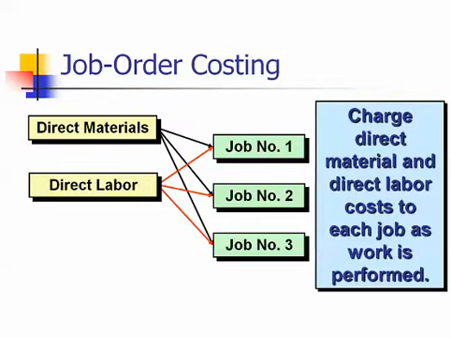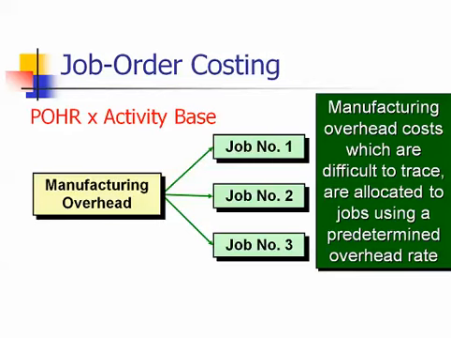So again, direct material and direct labor costs are traced directly to jobs as they move through work in process to finished goods and eventually to our income statement as part of cost of goods sold. While manufacturing overhead costs, which by definition are difficult if not impossible to trace to specific jobs, are allocated to jobs using our predetermined overhead rate and an activity base, or actual level of activity.